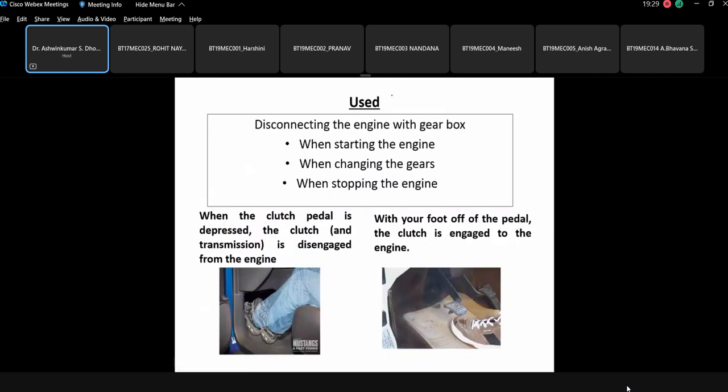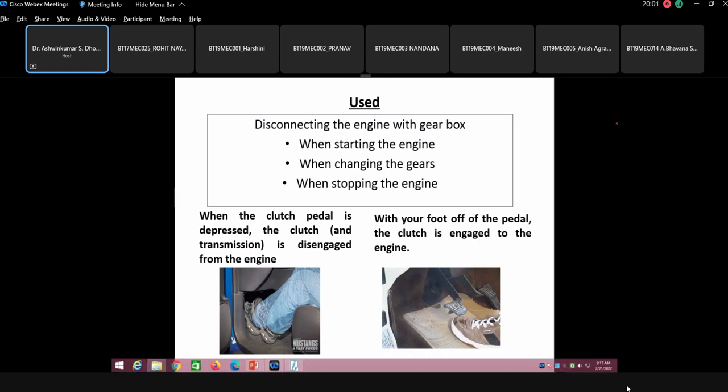Then the use: disconnecting the engine from the gearbox when starting the engine, when changing the gears, and when stopping the engine. Whenever you want to disconnect the engine from the transmission system, you have to press the clutch pedal. Otherwise the clutch will always be in the engaged condition. When the clutch pedal is pressed, the clutch and transmission are disengaged from the engine.